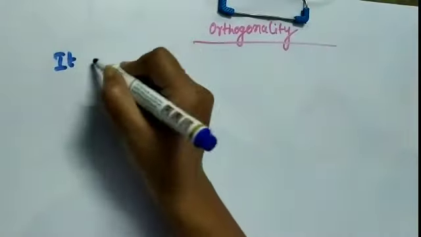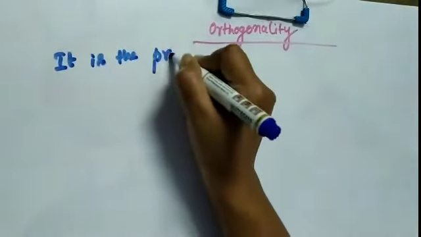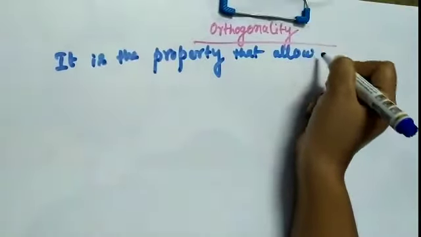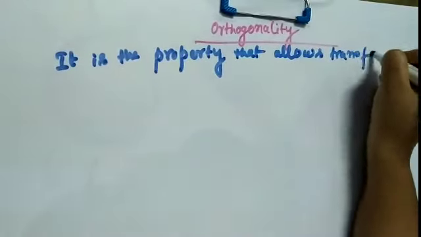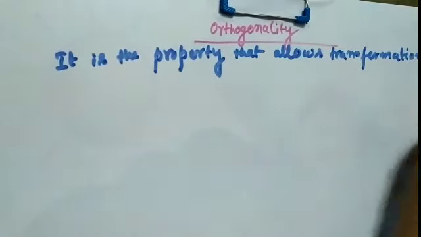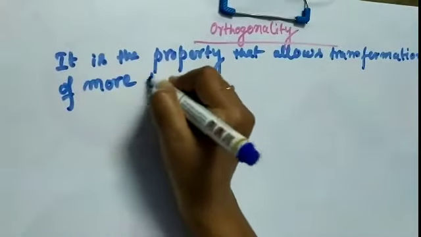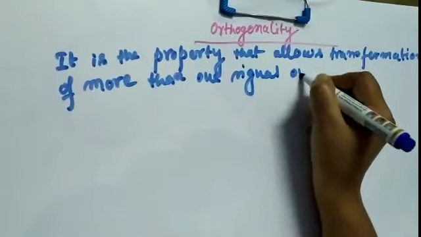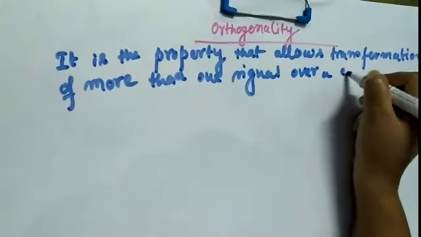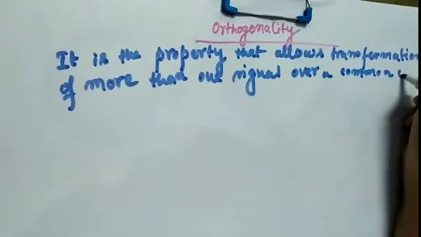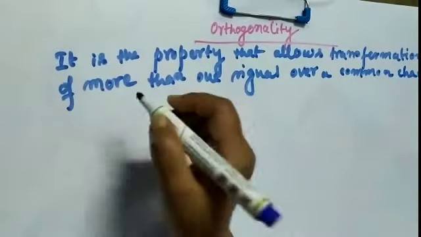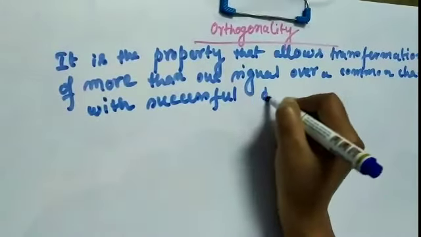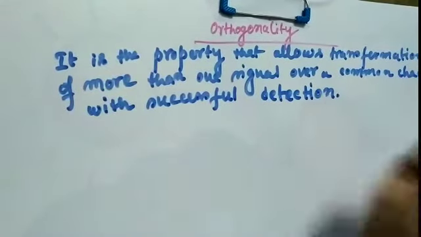Therefore, orthogonality is the property that allows transmission of more than one signal over a common channel with successful detection.